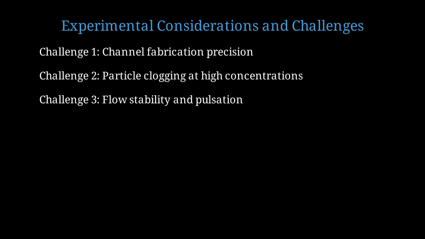Third, flow stability. Pressure-driven flow must be steady. Pulsations from syringe pumps can disrupt focusing. You may need dampeners or pressure regulators. Fourth, entrance effects. The flow needs to be fully developed before focusing occurs effectively. You need an entrance length of roughly the focusing length we calculated earlier.